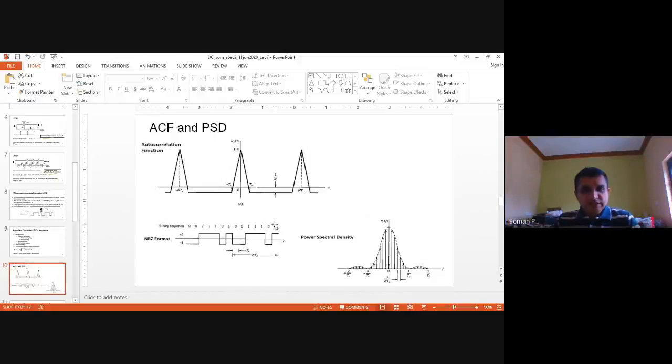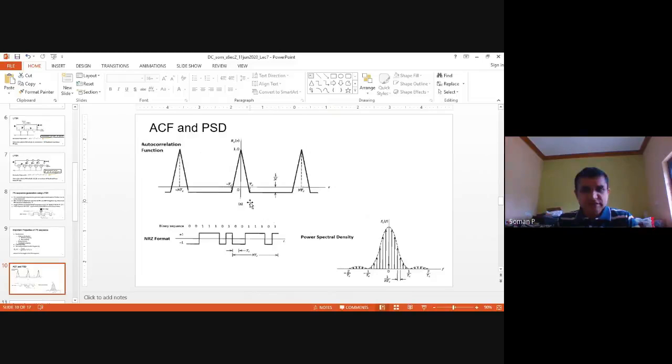I have not seen this autocorrelation derivation being asked in any of the exams. If you want to actually see the derivation of this, you can see some textbooks, for example B. P. Lathi, Modern Digital and Analog Communication Systems. You can go through that if you want.